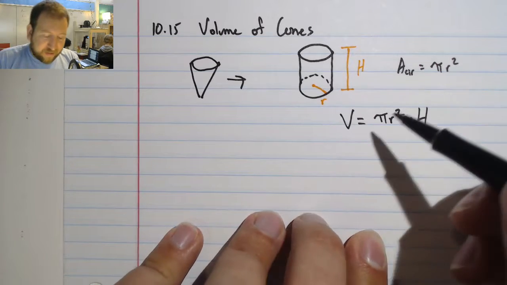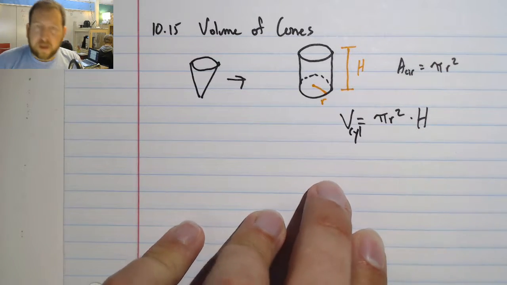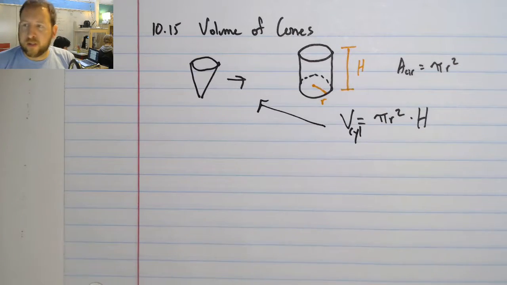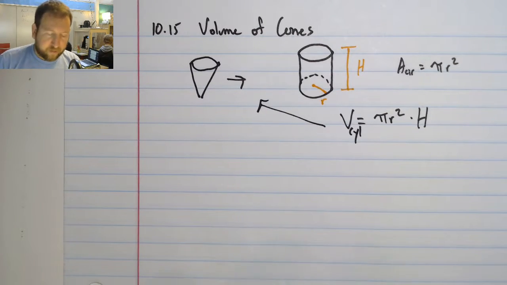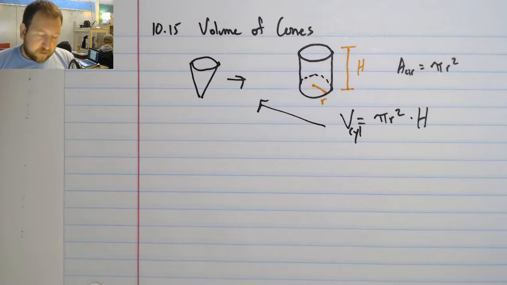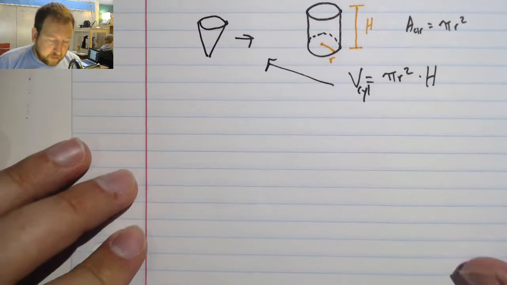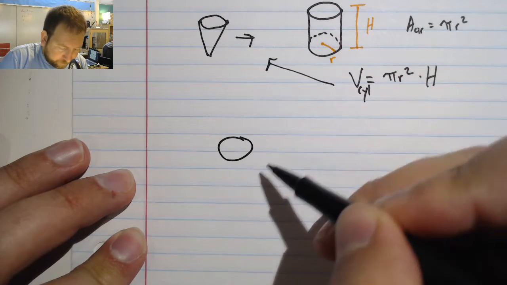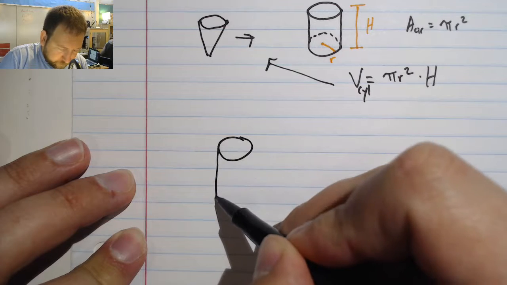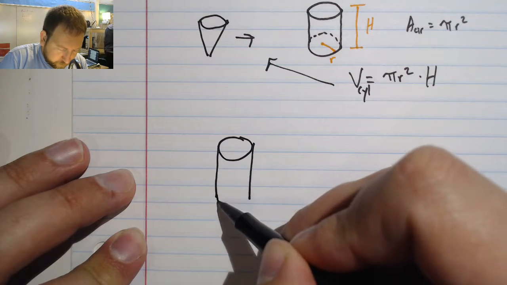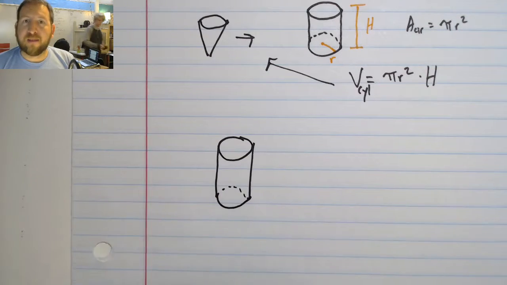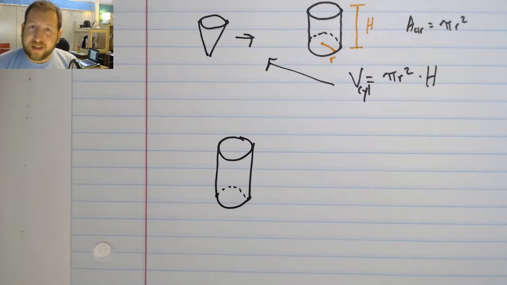But this is again for the cylinder, and it doesn't help us so much with the cone, and the cone is our actual goal in this case. But we'll notice that we can do something very similar, just like with the pyramid and the cube. Now if I draw a cylinder, I can fit my cone inside of this.